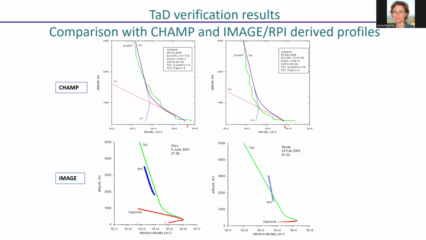This model, the 1D TAD model, has been validated in the past using JUMP and IMAGE RPI derived profiles, and the matching is quite reasonable.